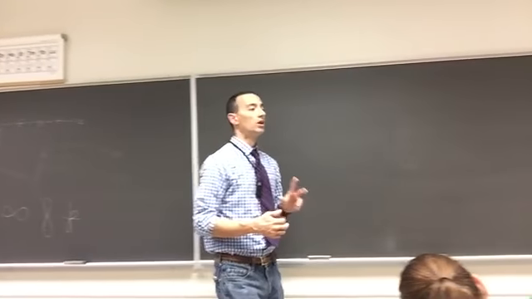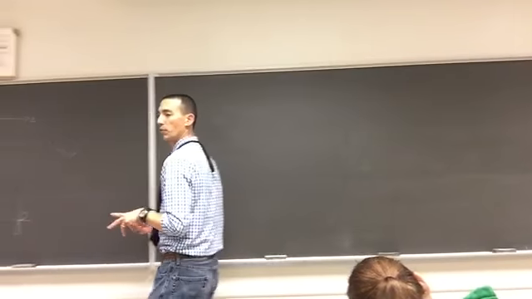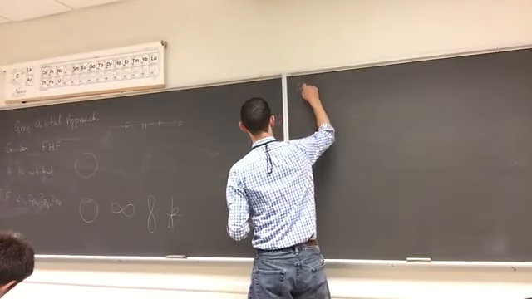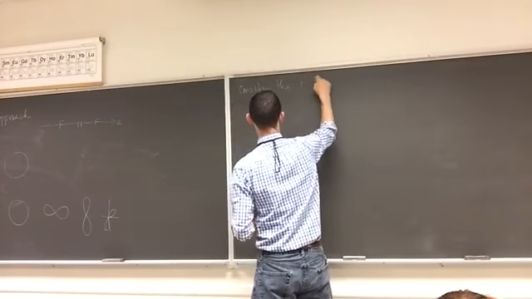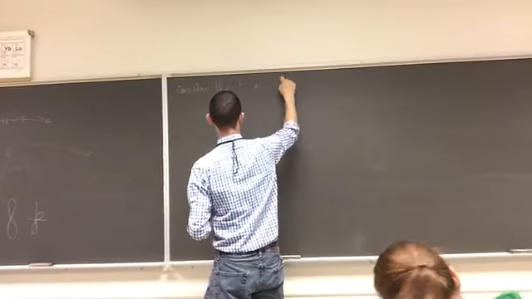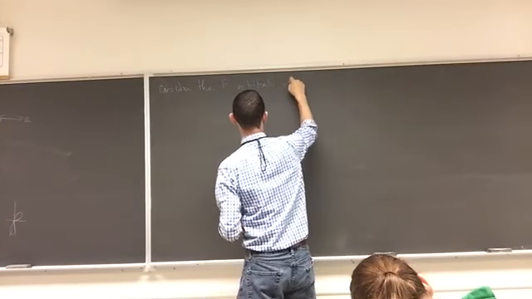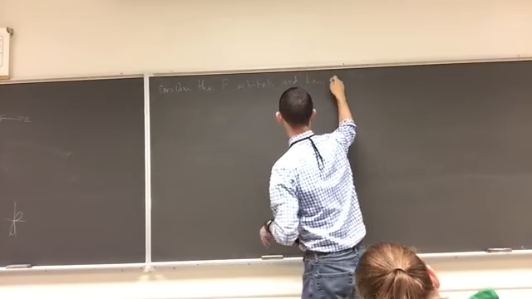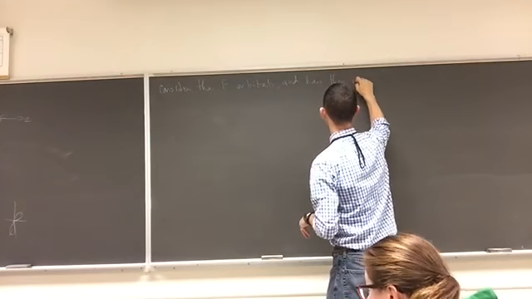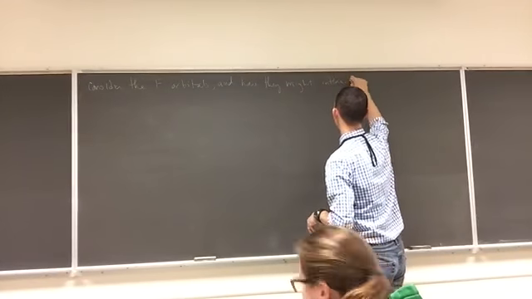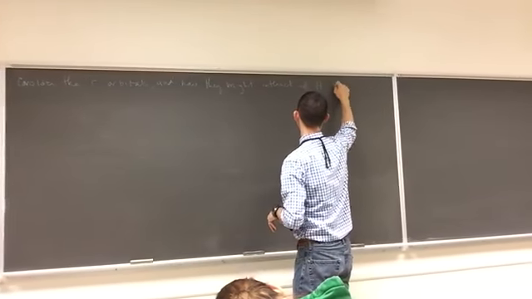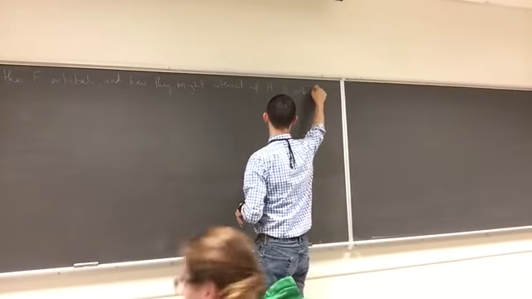So what we want to do in this group orbital approach is consider the fluorine orbitals and how they might interact with the hydrogen 1s orbital.